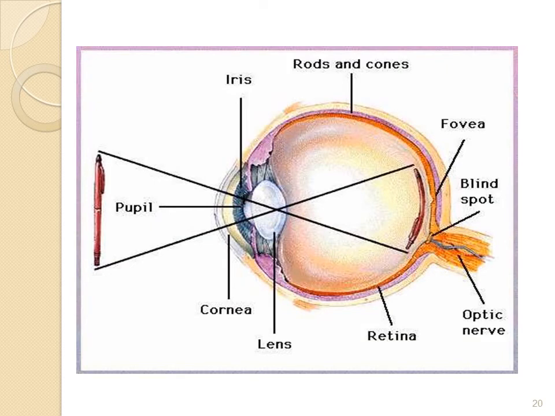In this picture you can see the pupil, the rods and cones, and the structure of the eye: lens, cornea, retina, optic nerve, and blind spot. The figure shows the structure of the eye with the rods and cones.